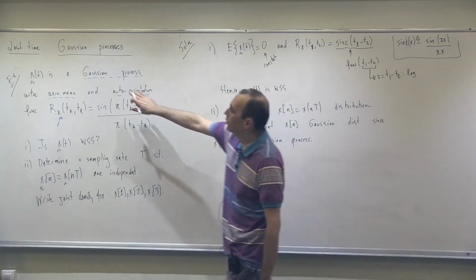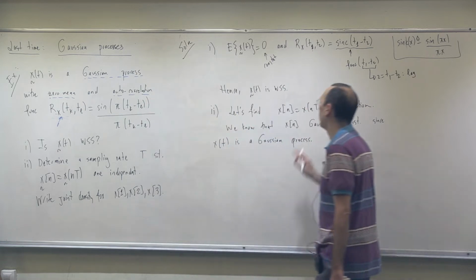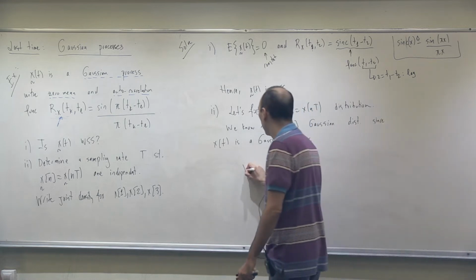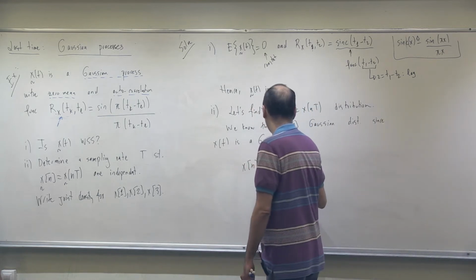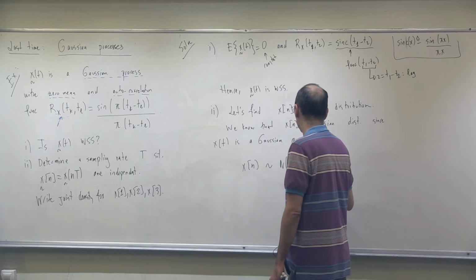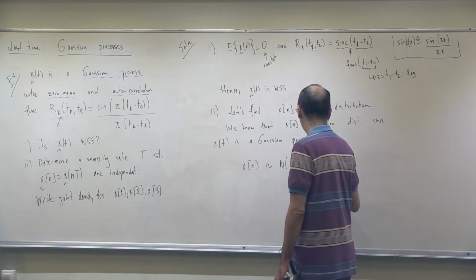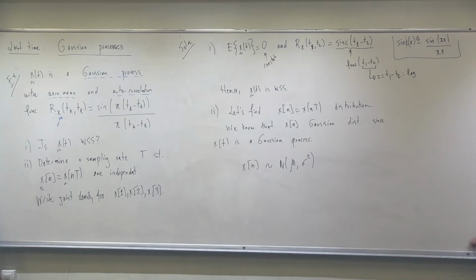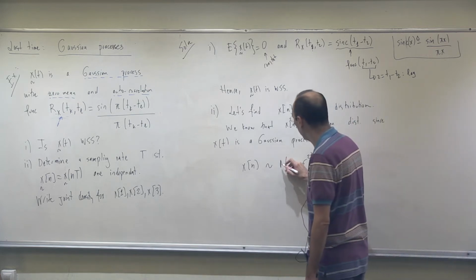So this is the reason that this tells us a lot about these samples. If it's a Gaussian process, the marginal distribution, first order, second order, third order, all of those distributions are Gaussian distributions. So what do I have? That x of nT is normally distributed, let me say with mean and, let's say, variance. So this is our normal distribution, Gaussian distribution.